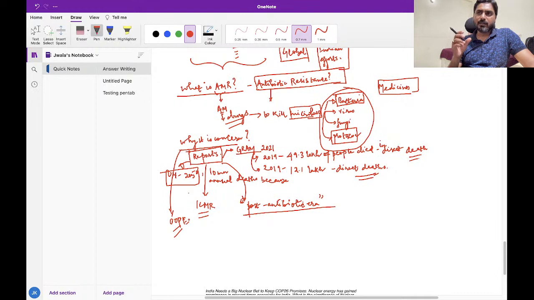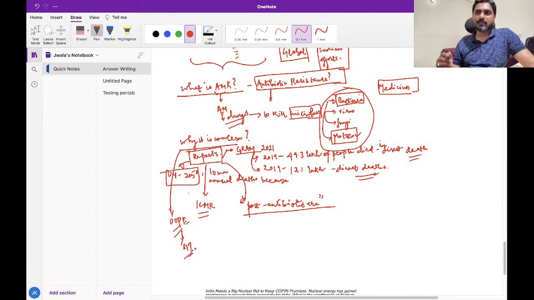In Scandinavian countries, if somebody falls ill and the treatment costs around 100 rupees, the patient does not have to pay anything, the government bears that cost. So the out of pocket expenditure in Scandinavian countries is zero. But in India, the out of pocket expenditure is around 67%, which is one of the highest globally.